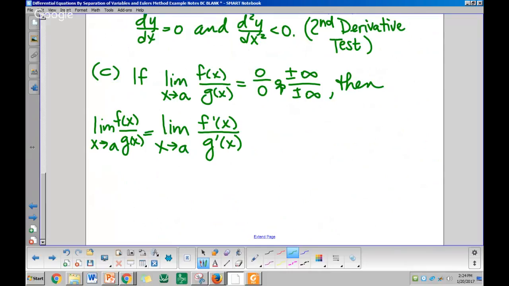But what we have is a 0 over 0 situation. So let's write our limit down. The limit as x approaches -1 of g of x minus 2, right? You have it on the paper. Over x plus 1 squared.